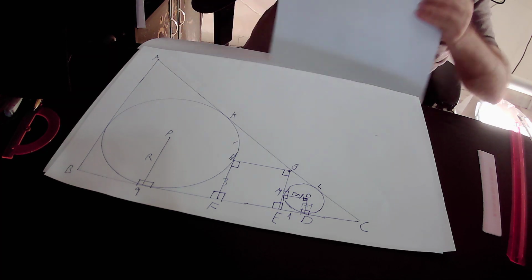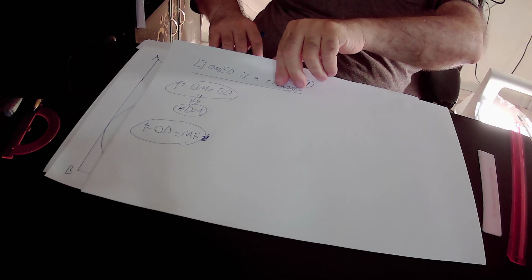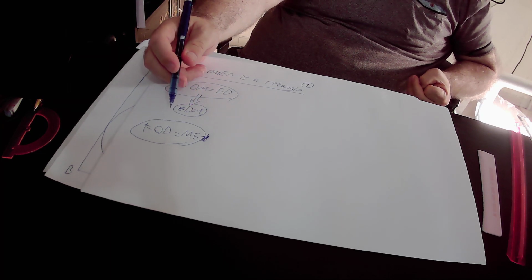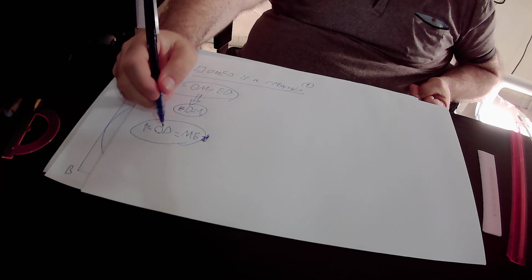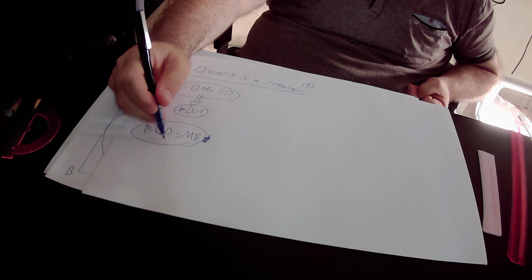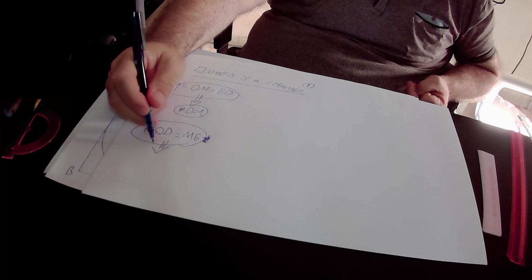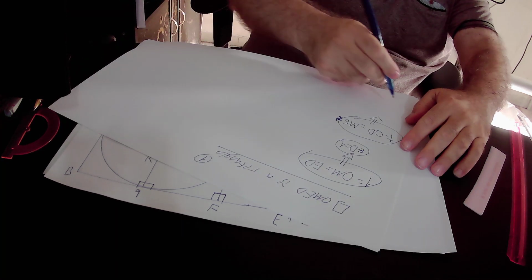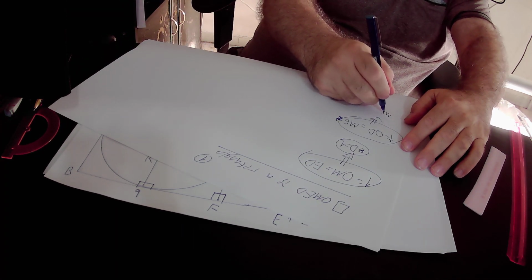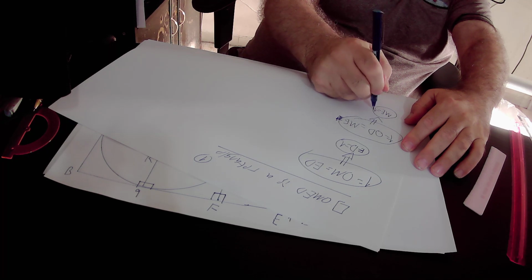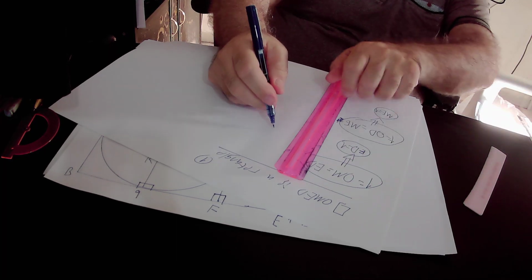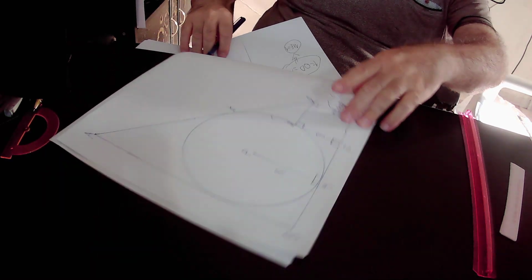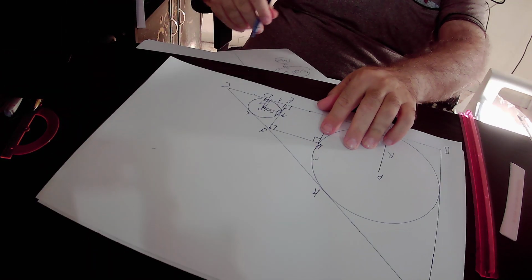And from this equation, 1 equals OD equals ME, we derive that ME is also equal to 1 unit. So I can write here that ME equals 1 unit.